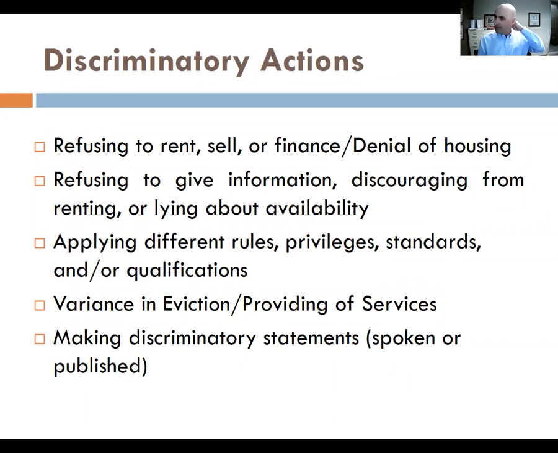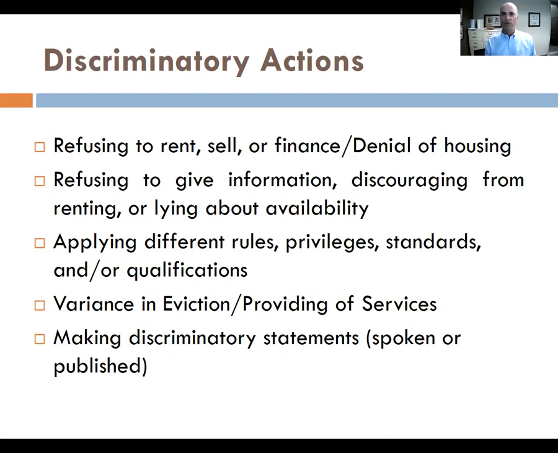So here are just some examples of some of the discriminatory acts, if they're based upon someone being a member of a protected class: refusing to rent, sell, or finance, basically a denial of housing. An example here might be, whether overtly or just in the decision-making process, someone doesn't want children in their apartments or in their property.